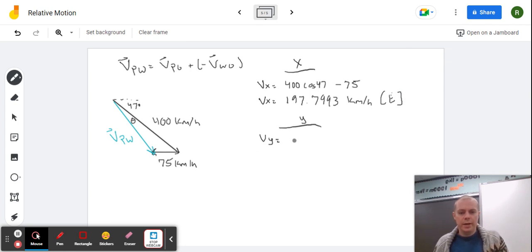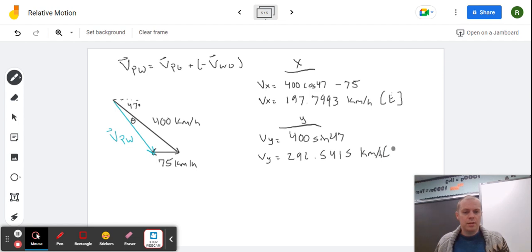Okay, we do the y as well. So Vy is going to be 400 sine of 47. There is no vertical component to this other vector, so that's it. We just put that piece by itself into our calculator. We get 292.5415 kilometers per hour south. Okay.